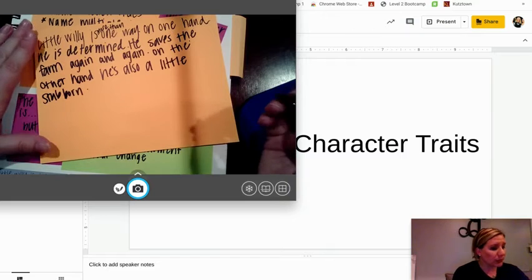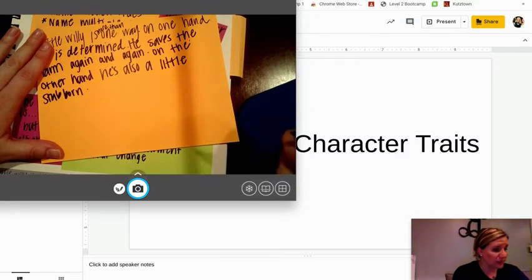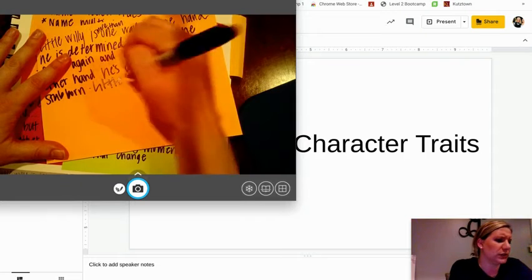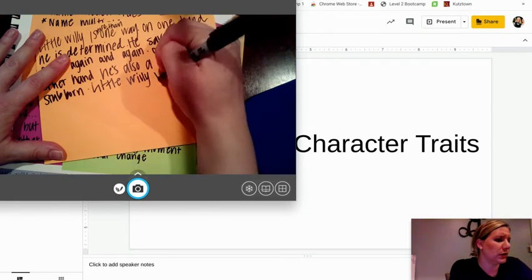So you see where that contradiction really comes into play. Little Willie won't listen to anyone when they say not to join the race. So that's kind of my text evidence.